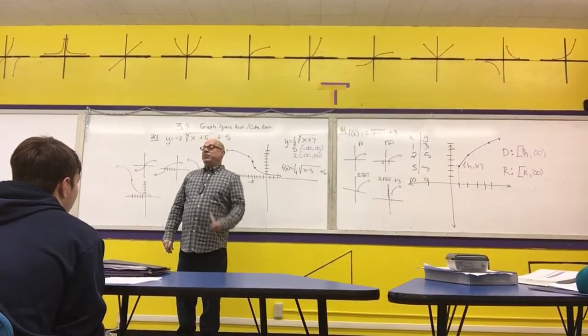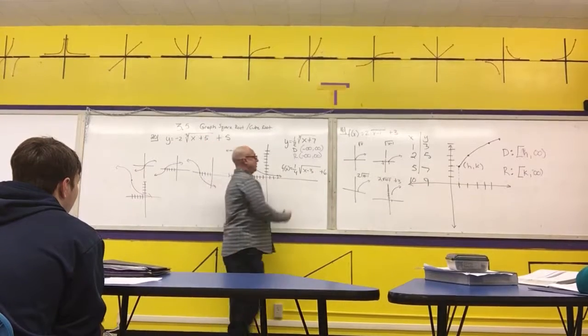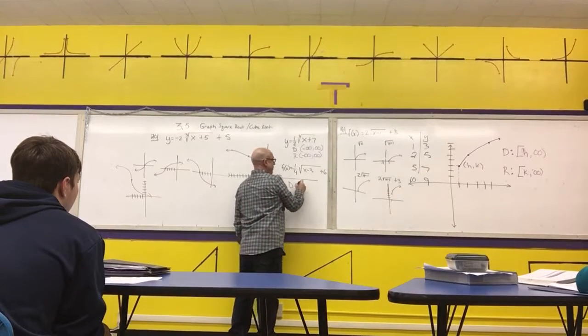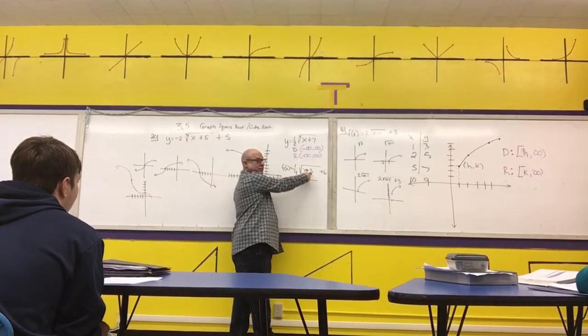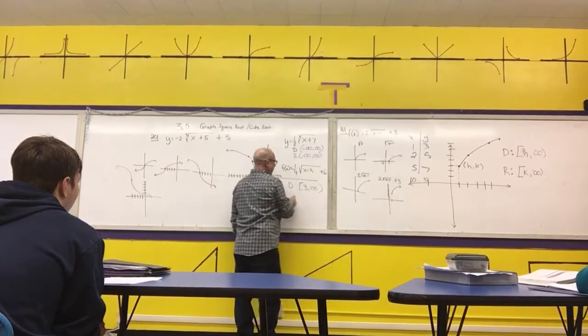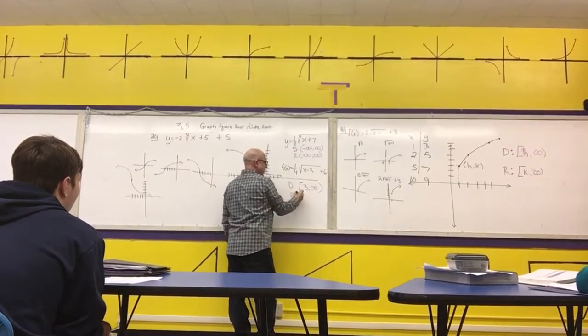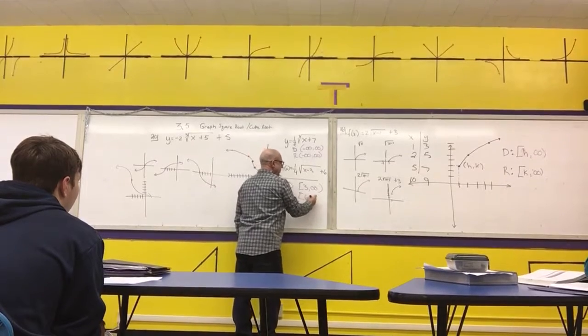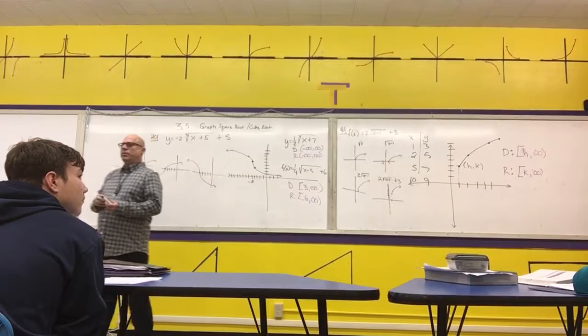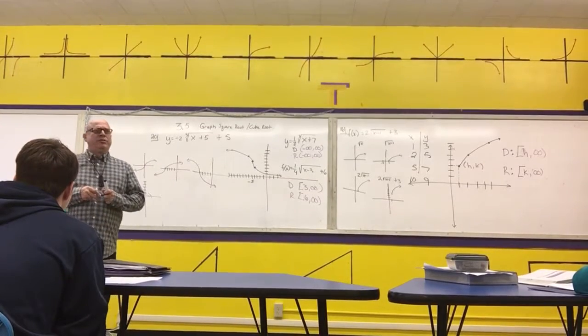For this one, the domain is the opposite of this to infinity, because this is positive. The domain is 3 to infinity. The range, because this is right side up, is 6 to infinity. By looking at them, you should be able to come up with the domain and range.